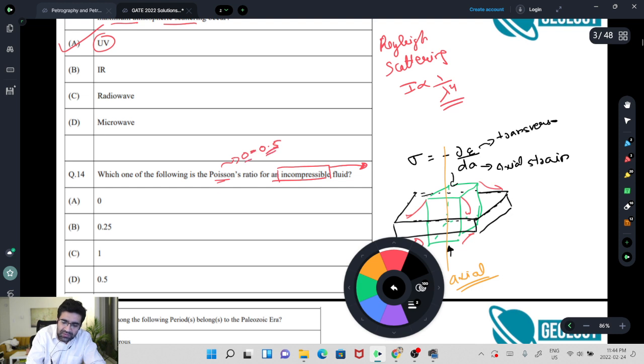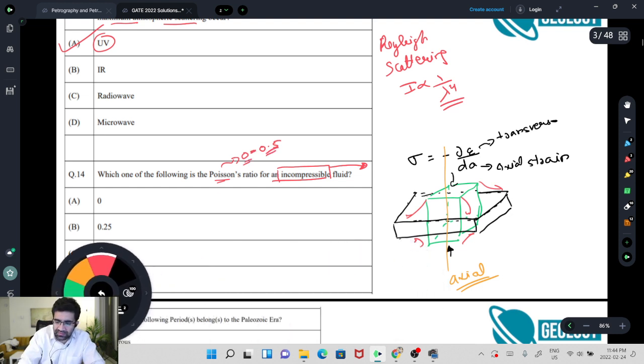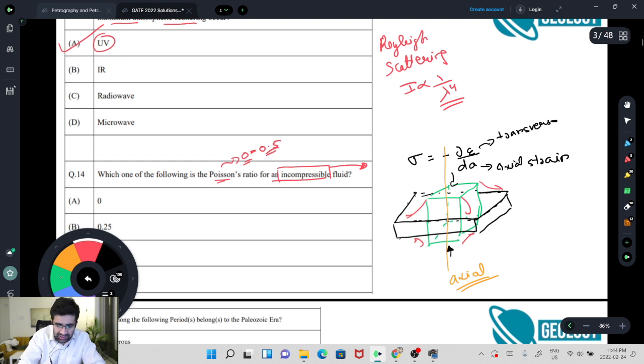Okay, so when will it be 0? Let's say you had that green block, and you compress it. Let me draw it a little bit bigger. When you compress it in axial direction, the new block that will be formed will be like this.